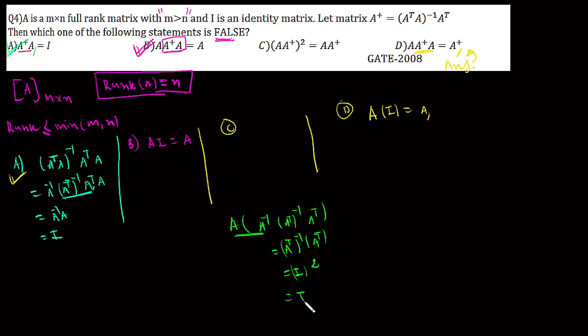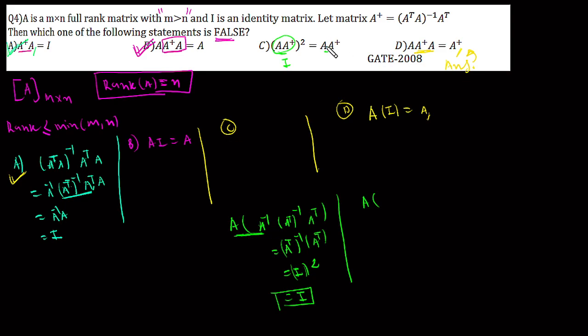Again I am getting the identity matrix, but on the right hand side they have written A multiplied with A plus. So I also have to find out what A multiplied with A plus gives me. If it gives me an identity matrix, then this condition is true. Matrix A as it is, yes, it is also giving me identity, because I have proven this as an identity, and I am taking the square of it. So again I am getting the identity.